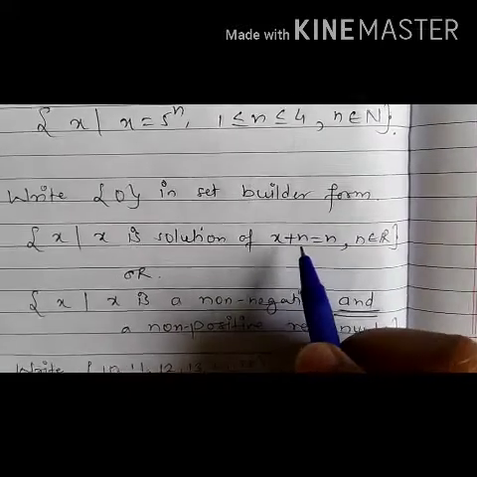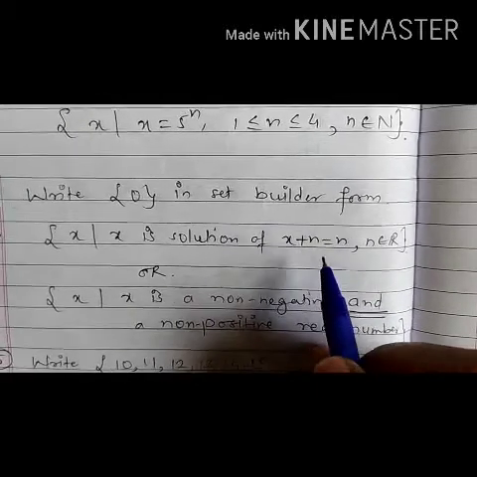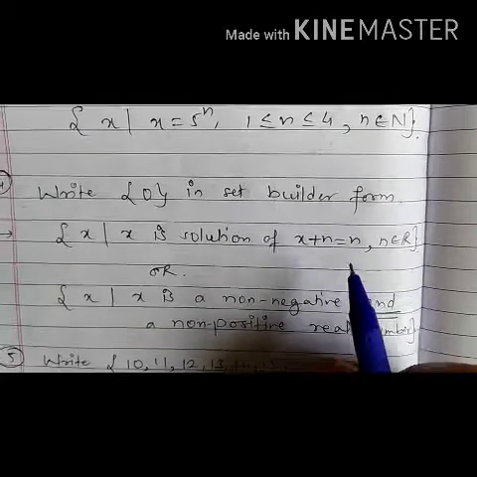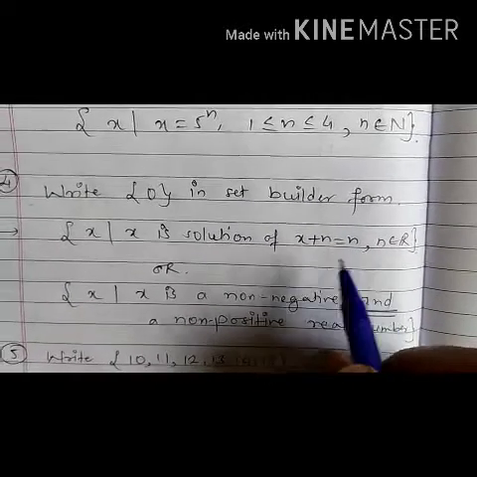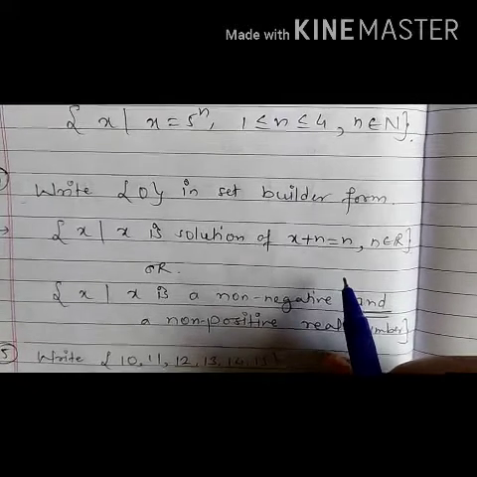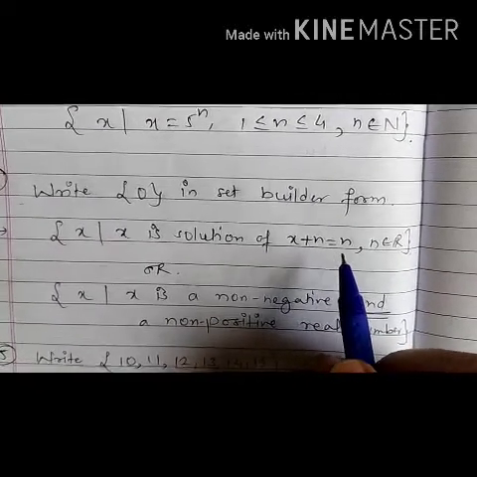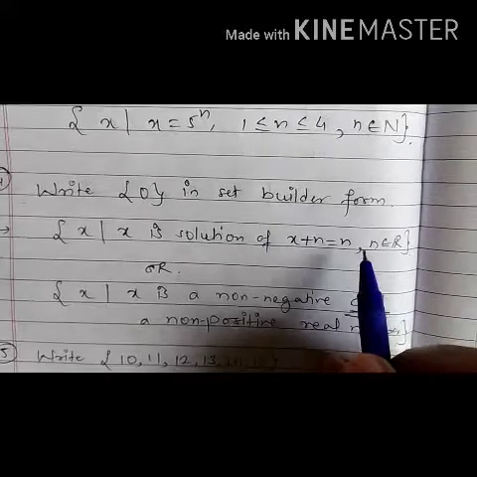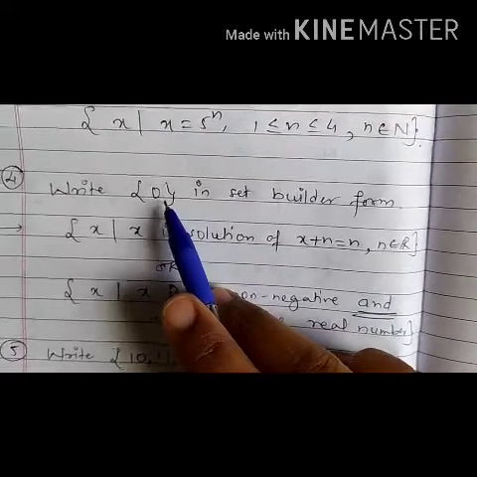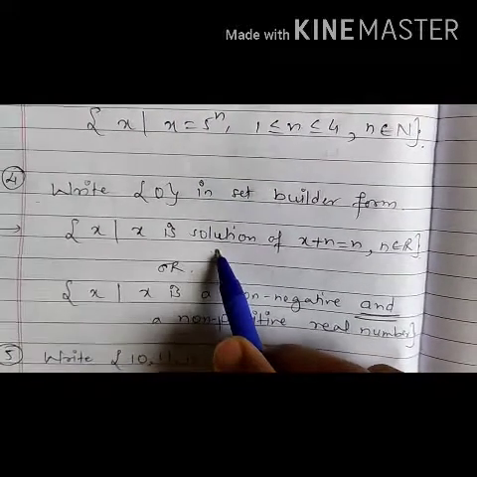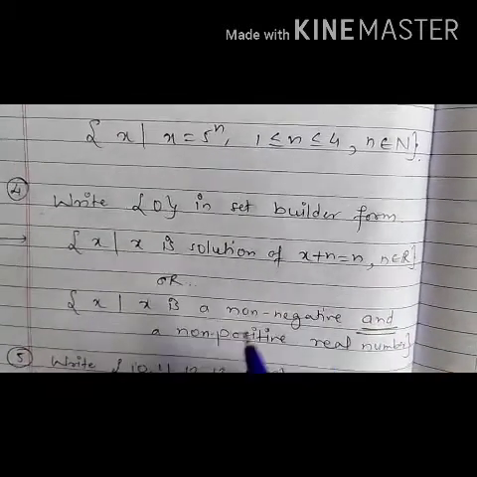See students, if we take any real number n, then x plus n equals n. When we shift this n to the right hand side, we get x equals n minus n, that is x equals 0. So the solution of x plus n equals n has the value of x as 0. So we are getting this 0 element in this set. The only solution of x for this equation is 0.